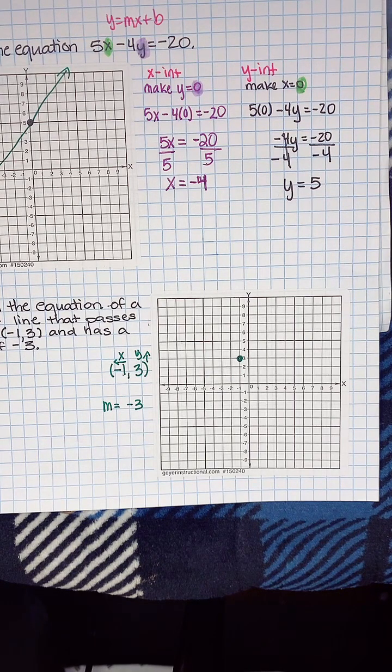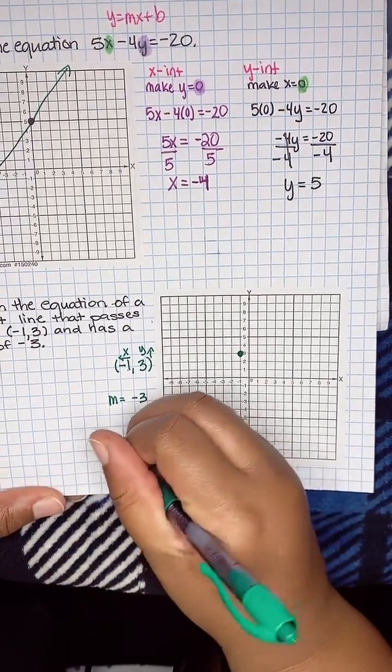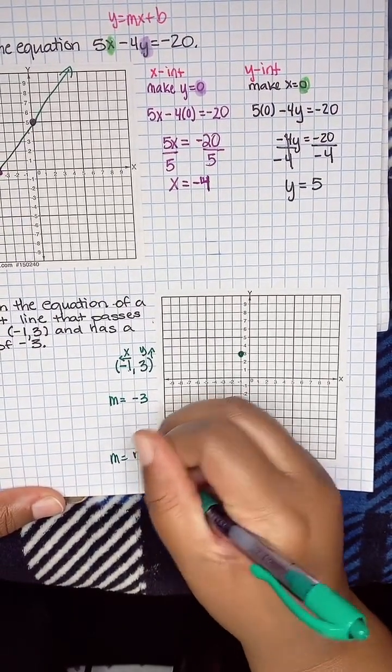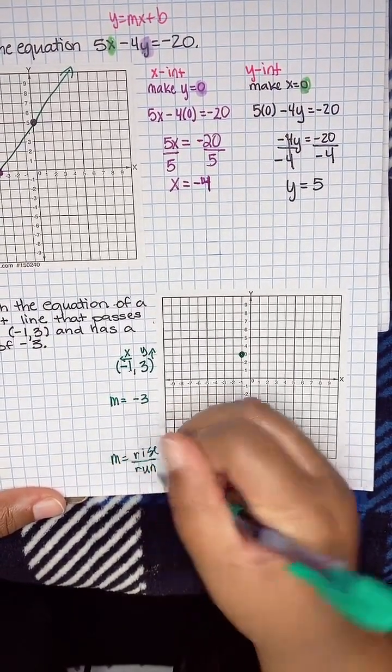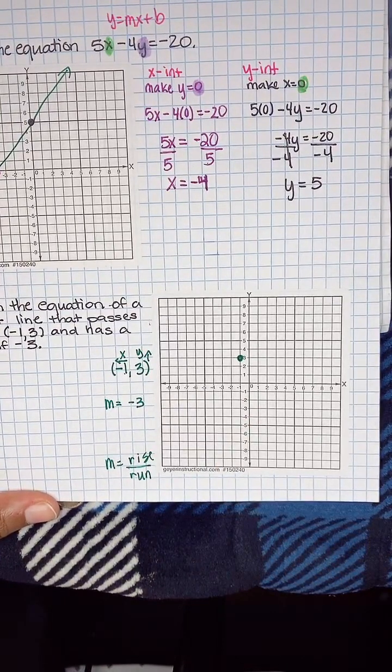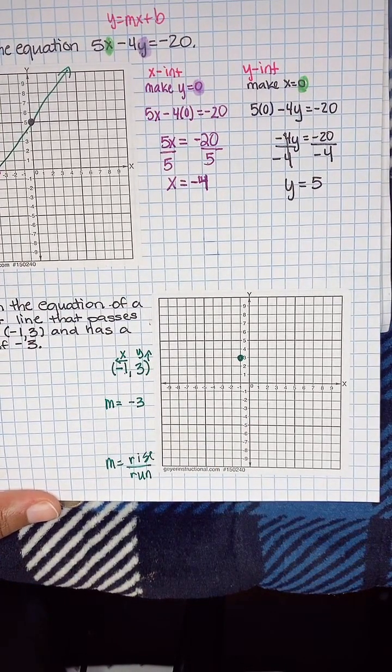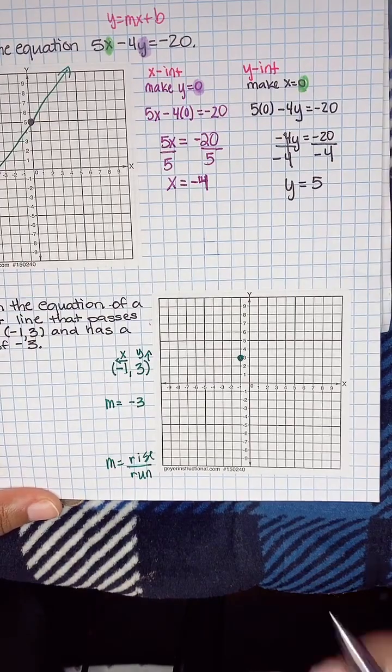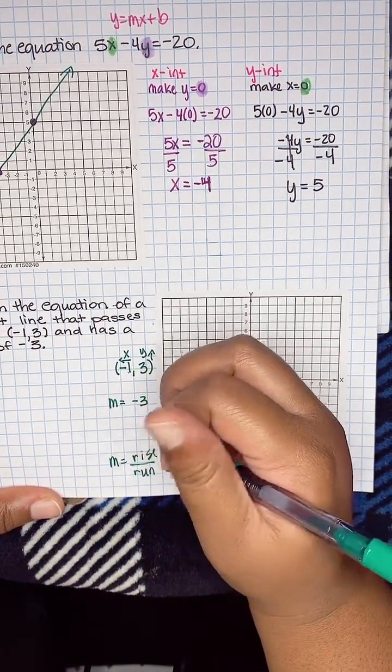And what I mean by that is, remember, slope is rise over run, you guys. So my slope has to be a rise, and I have to do a run.